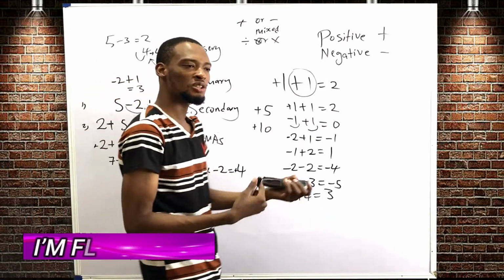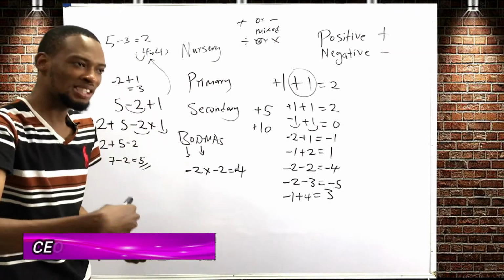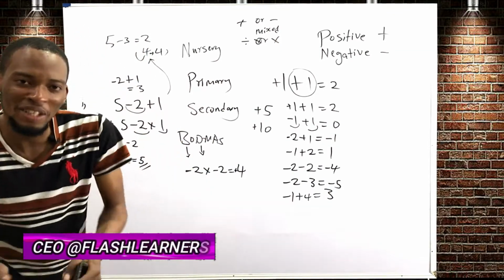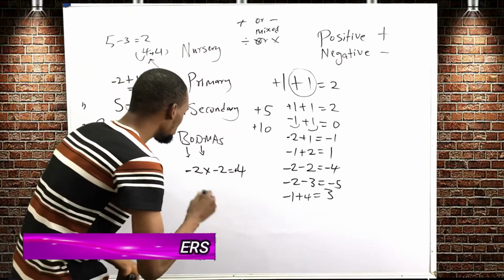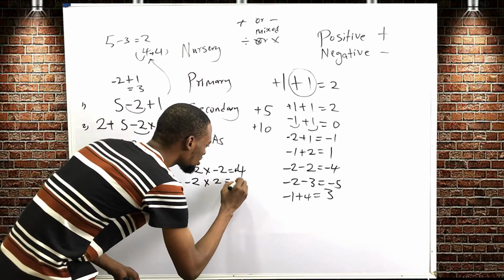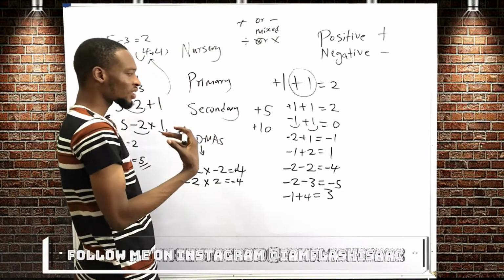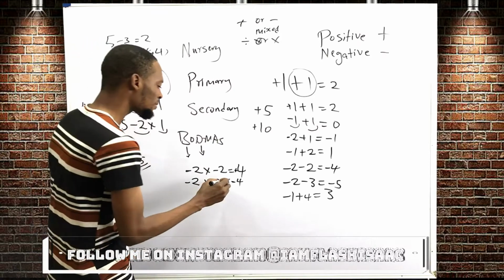Remember, evil communication corrupts good manners. So minus times plus will still give you minus. So minus 2 times 2 will give you minus 4. So this is minus 2, this is 2. I told you, any number that is standing on its own is still the same thing as positive.